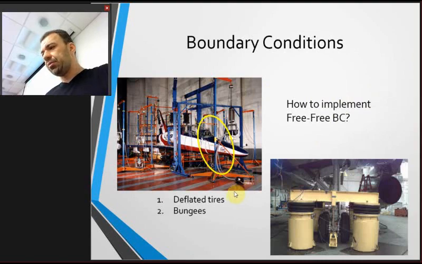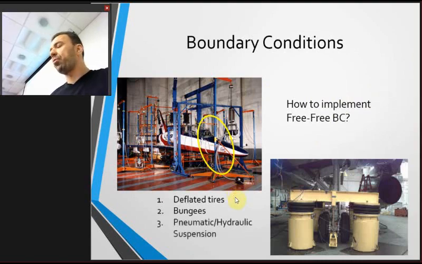And the most expensive and elaborate means will be the pneumatic or hydraulic suspension. This is this picture. This is basically additional equipment that will raise your plane above the ground on a nice soft cushion. And it's not just the equipment.